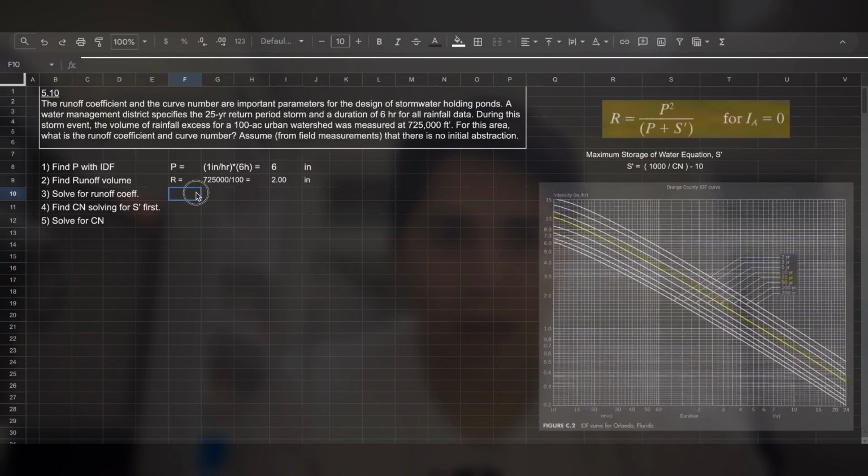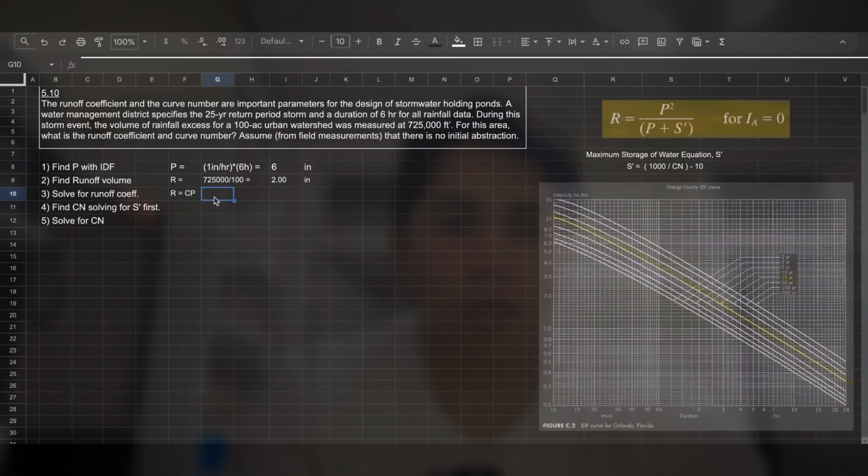So with that, if you remember, the runoff equals the runoff coefficient times the precipitation as well. We have the rational method, Q equals CIA, and we also have that the runoff equals a percentage of the precipitation, and we are asked to find the runoff coefficient.